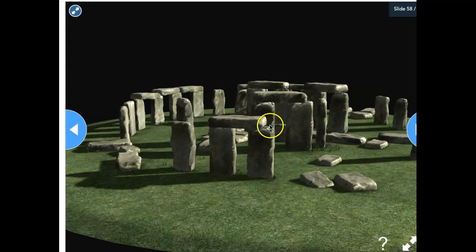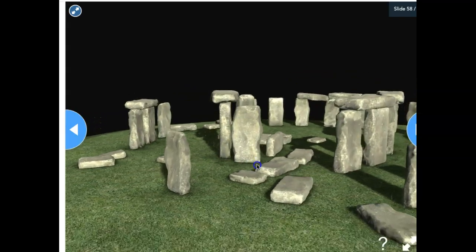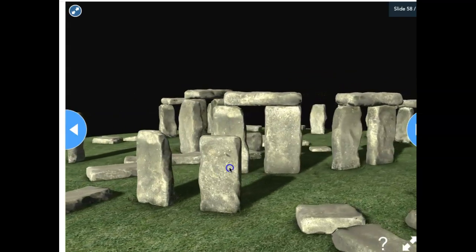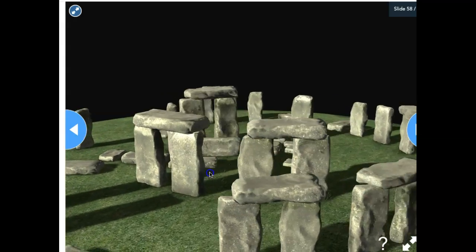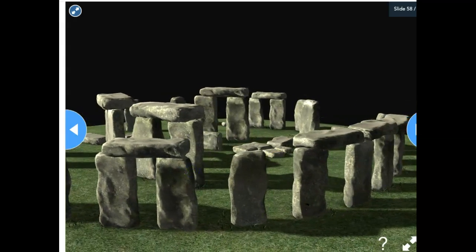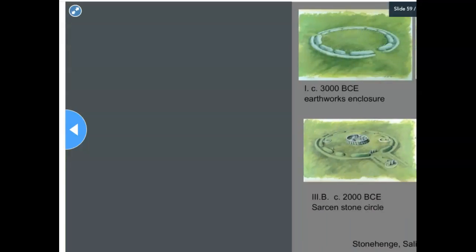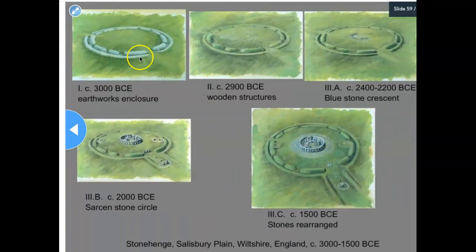The posts are vertical elements and the lintels are the horizontal elements. To create this structure, you had to have a lot of coordination among people, and it didn't happen all at once. It happened over about a 1500-year period.